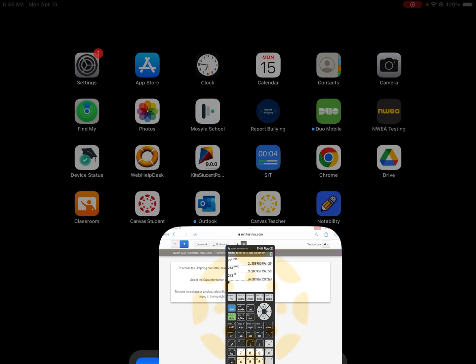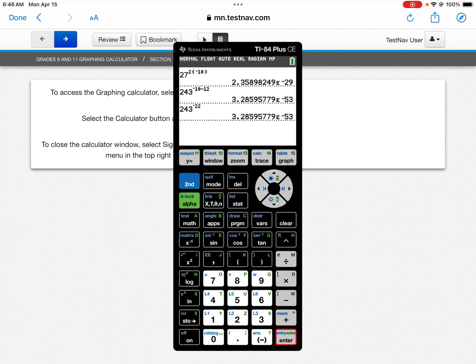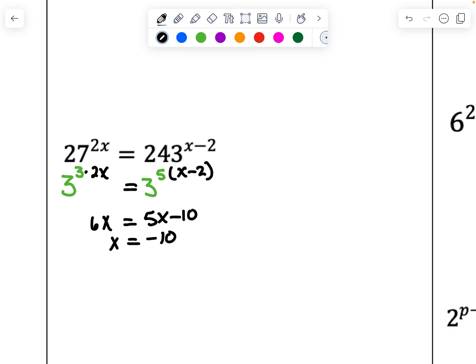Huh. I wonder what's wrong with that one. Oh, it was 2 times negative 10, so it would have been a negative 20. Three times 3 is 9. 9 times 3 is 27. 3 times 2x is 6x. And then over here we have 3 to the 5th, 5x minus 10, subtract 5, leaves you 1, minus 10.